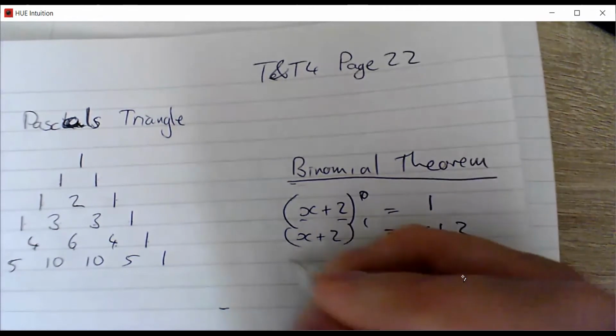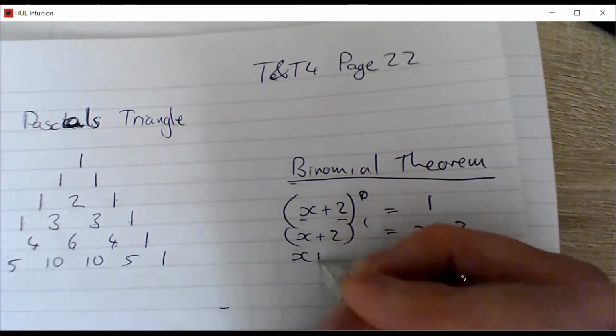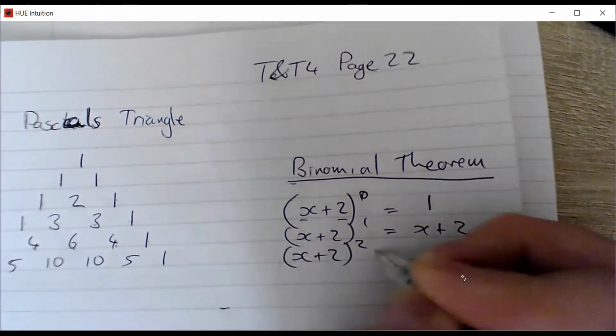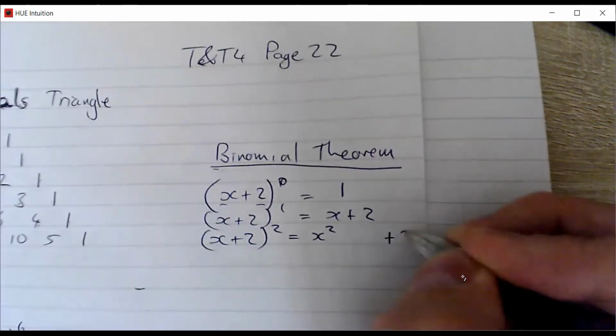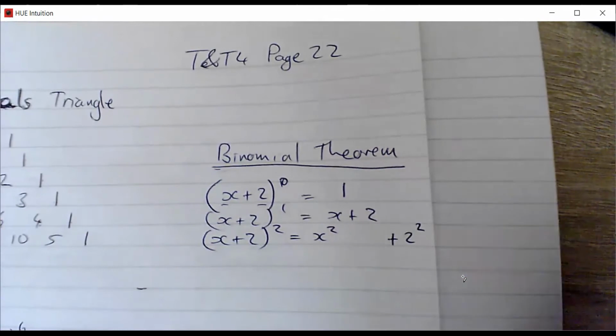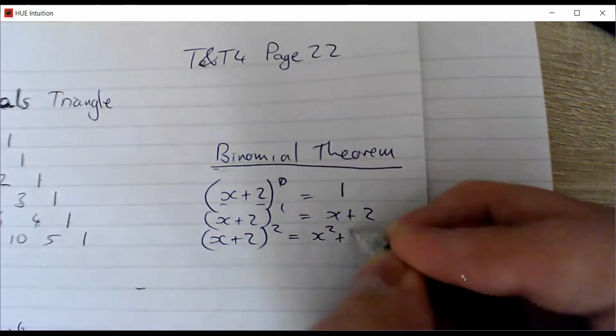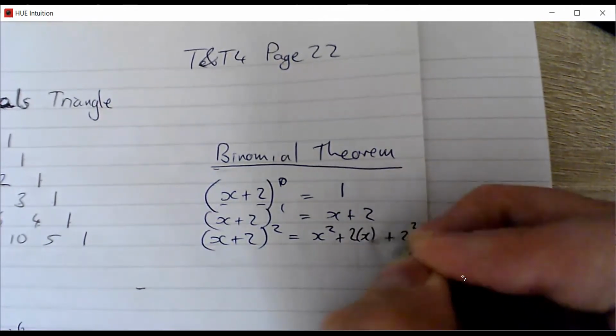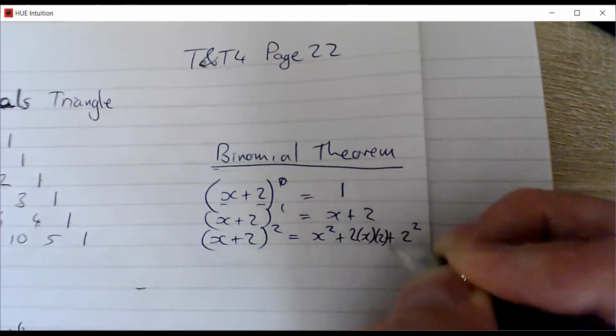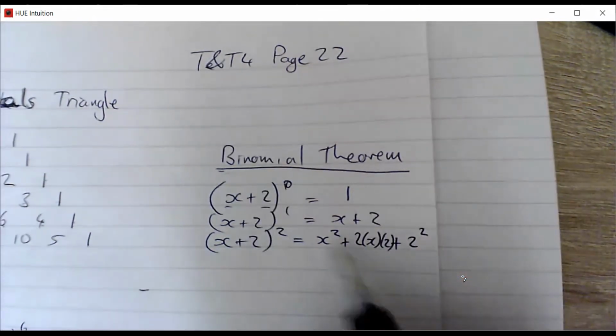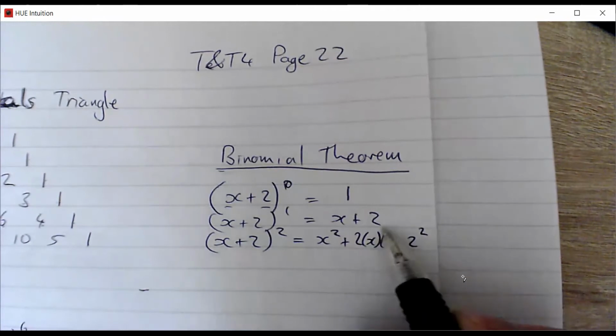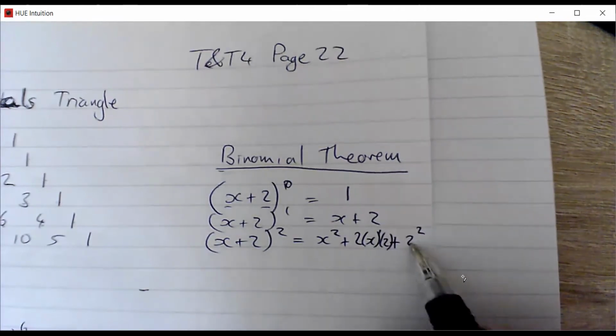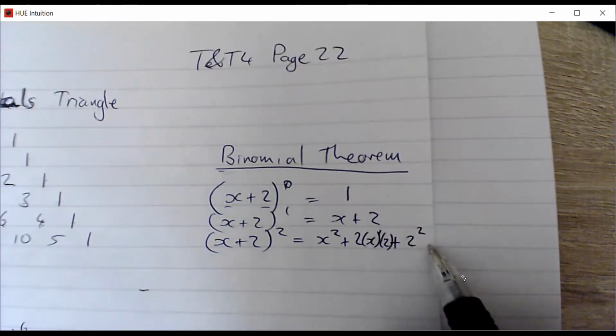It doesn't change. x plus 2 squared is: square the first, square the second, which I'll leave as 2 squared, and then twice the product, twice x by 2. Another way of looking at that is x squared, x to the power of 1, and x to the power of 0, which is just a 1.